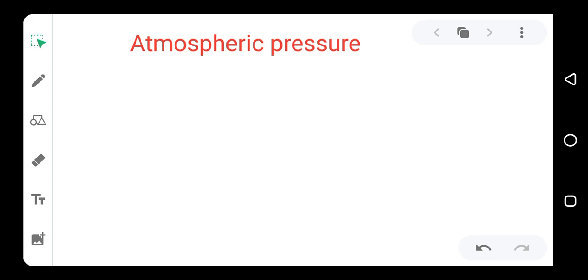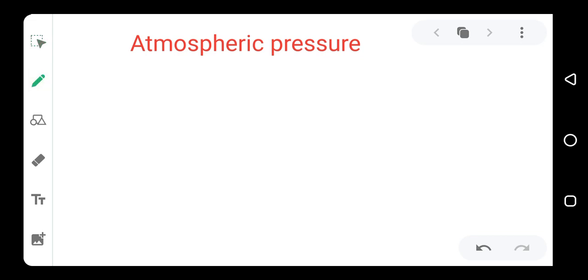Atmospheric pressure is measured in millimeter mercury, or Newton per meter squared, or Pascal, or other units that we use in measuring pressure, or even bar. So we've talked about the units of pressure. This is just a reminder of those units.